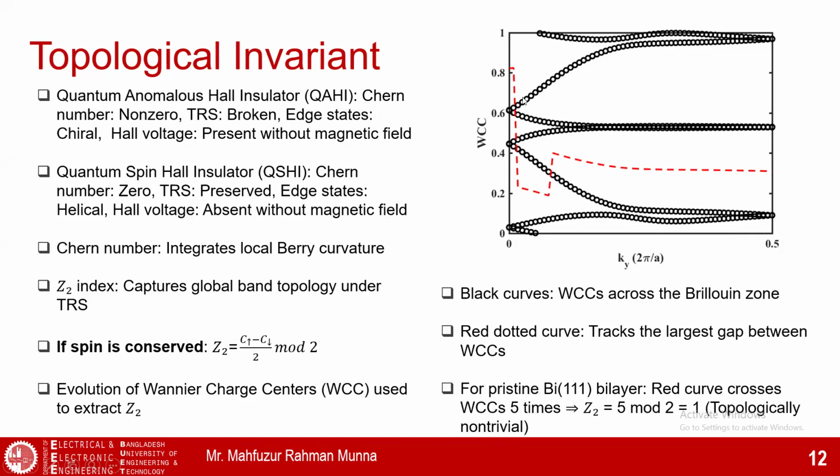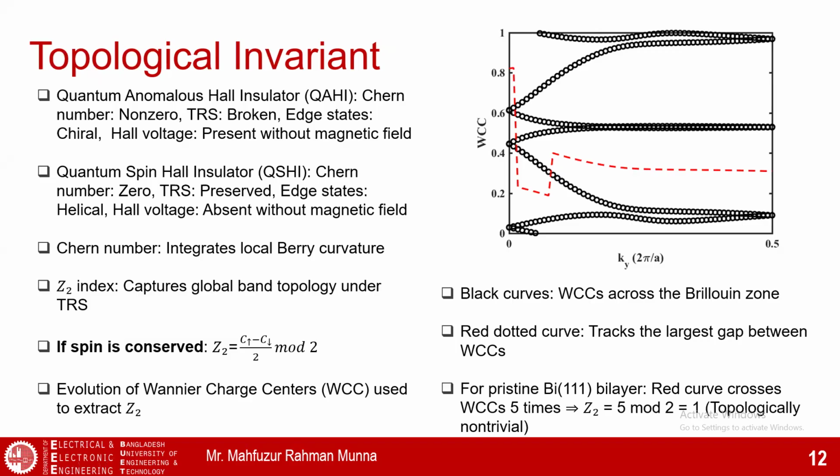Now the method is, these black circles represent the Wannier charge centers, and this red dotted line represents the largest gap between Wannier charge centers.